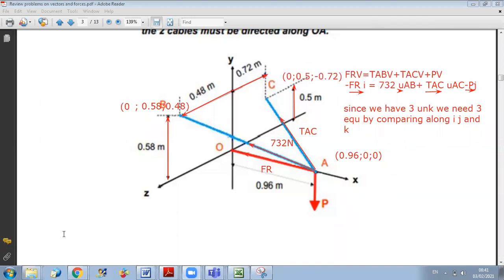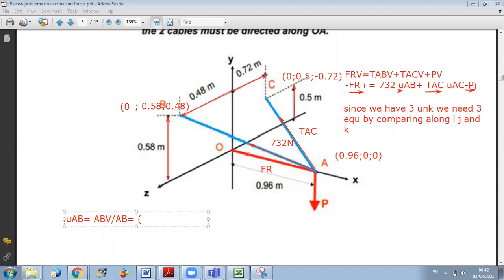If I want to find a unit vector, first for the unit vector of AB, it's equal to AB vector over the magnitude of AB. For the AB vector, you know that I do XB minus XA along i.